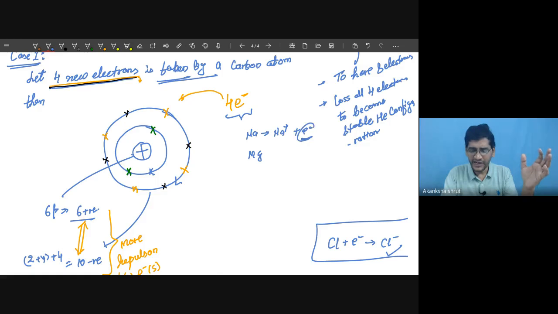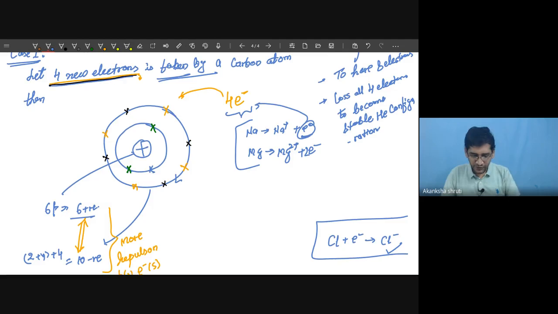So these extra electrons we are taking are available from sodium, magnesium, aluminium, all those things. But I have not taken this part. We are just interested in understanding whether 4 electrons can be accommodated by this carbon or not.